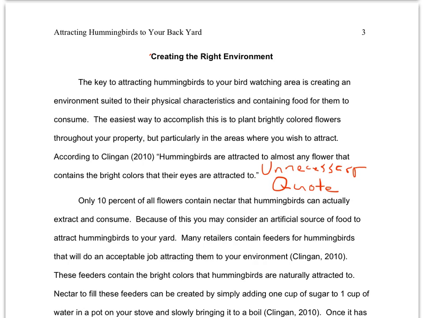So what I'm trying to get across here is that if you're going to use a quotation in your work and not paraphrase or just use a citation to support what you're saying, you need to make sure that quote has a specific purpose. This quote really has no specific purpose. It doesn't say anything that I can't say as an individual paraphrasing and providing a citation.